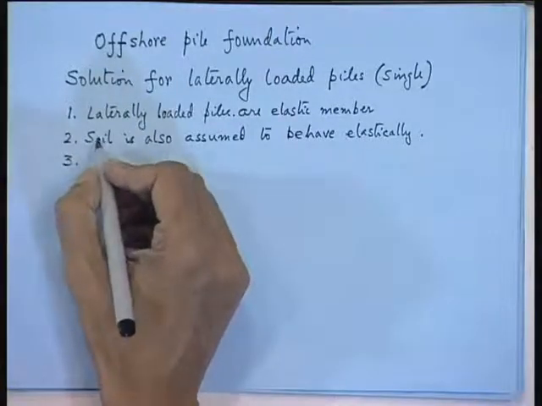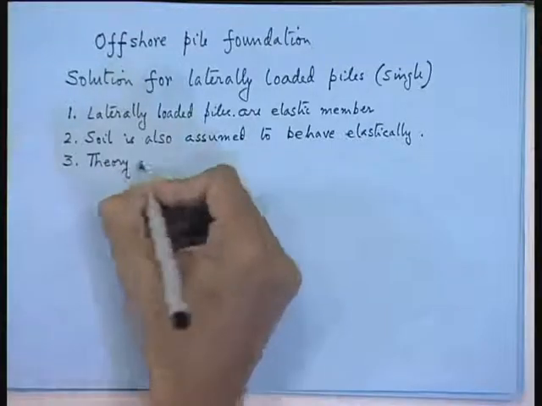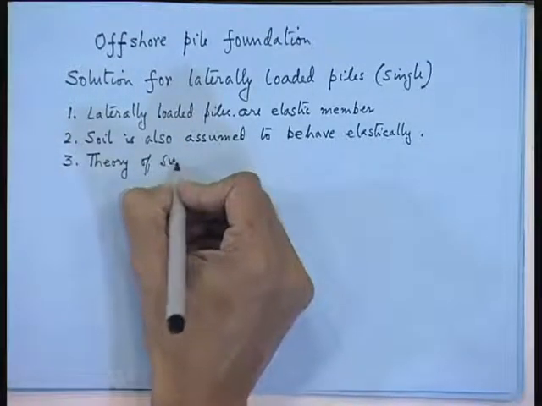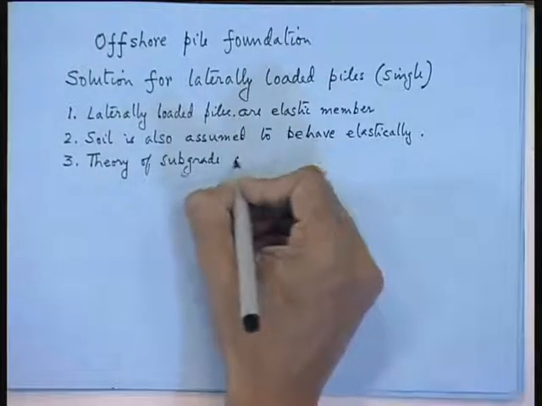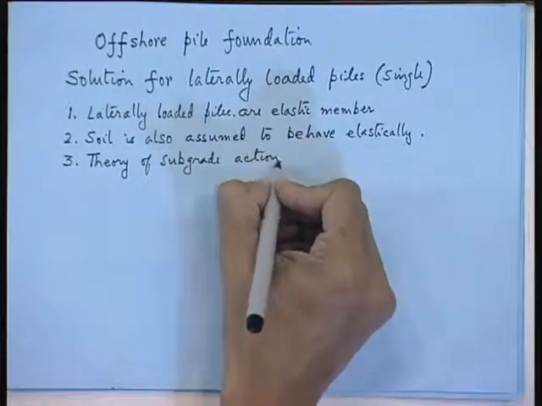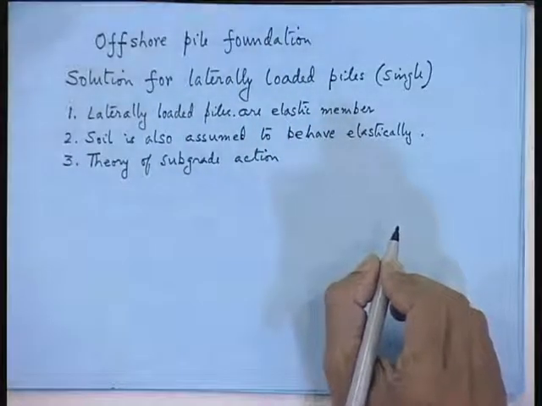Then there is the theory of subgrade action. What is this theory of subgrade action? I told you that we have to strike a relation between ES and EI.